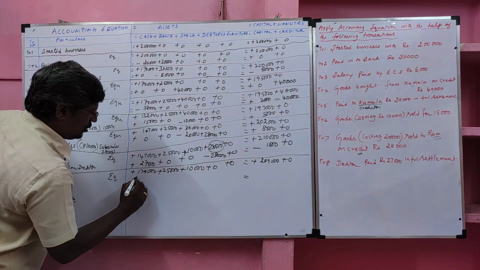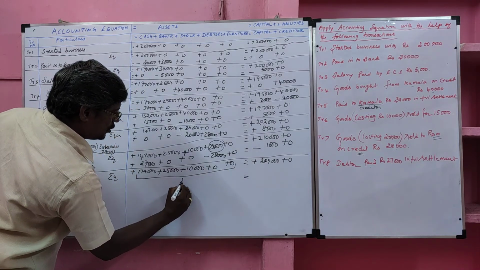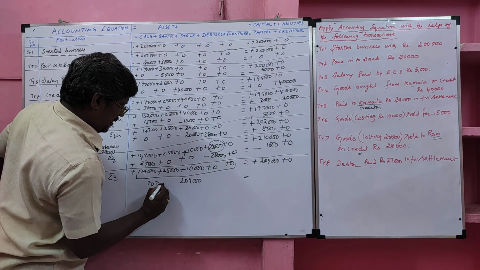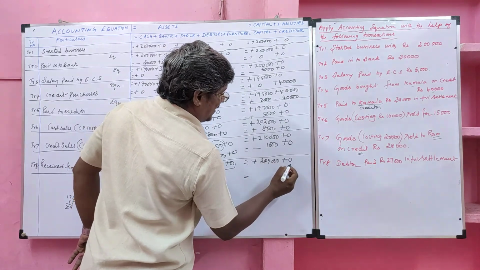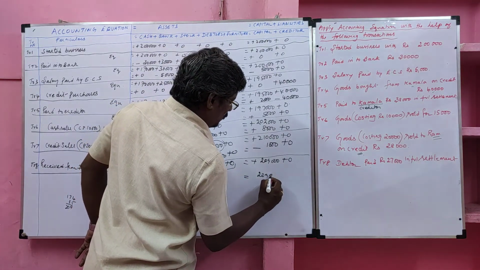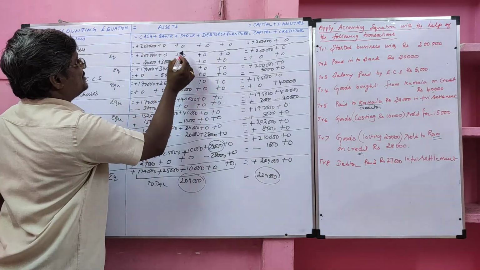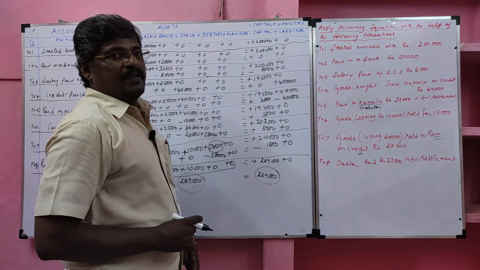Total assets are 2,09,000 rupees. Total capital and liability is also 2,09,000. So the problem says assets equal to capital plus liability.